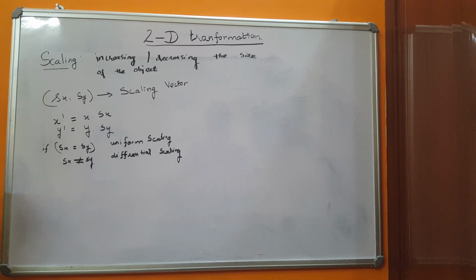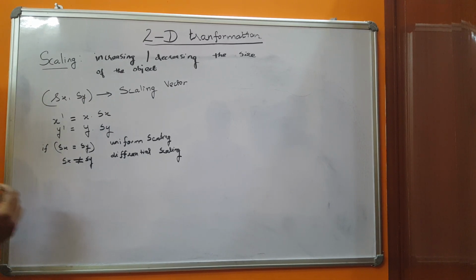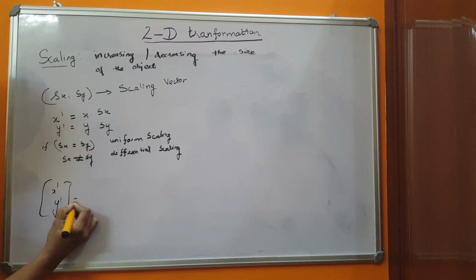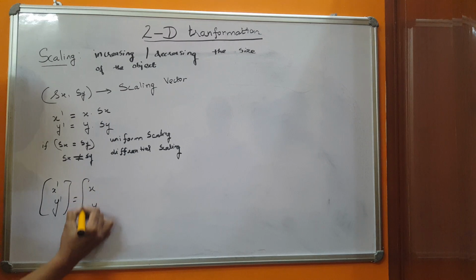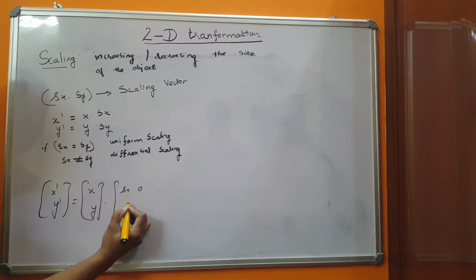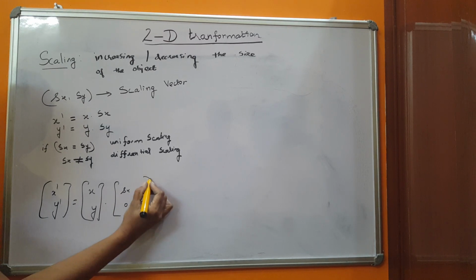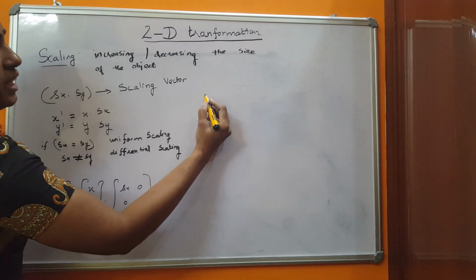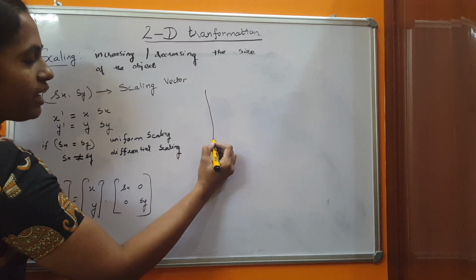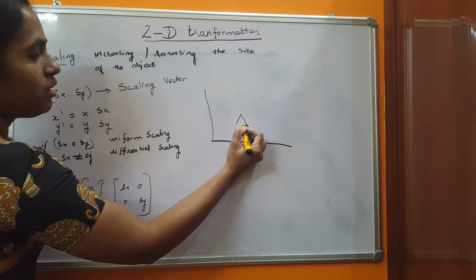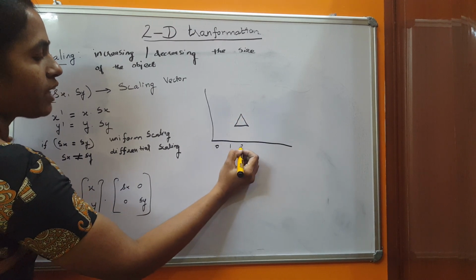In matrix representation, the scaling can be rewritten as x dash y dash equal to the old point xy into scaling vector value. It is matrix representation for scaling transformation. In diagrammatic representation, the scaling can be represented as this object is before scaling.